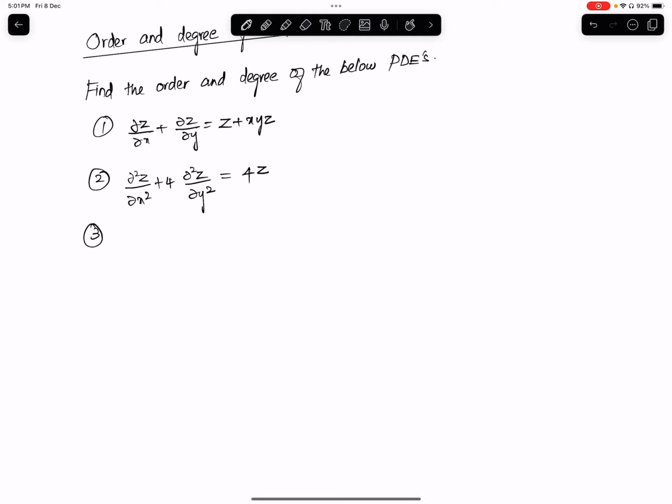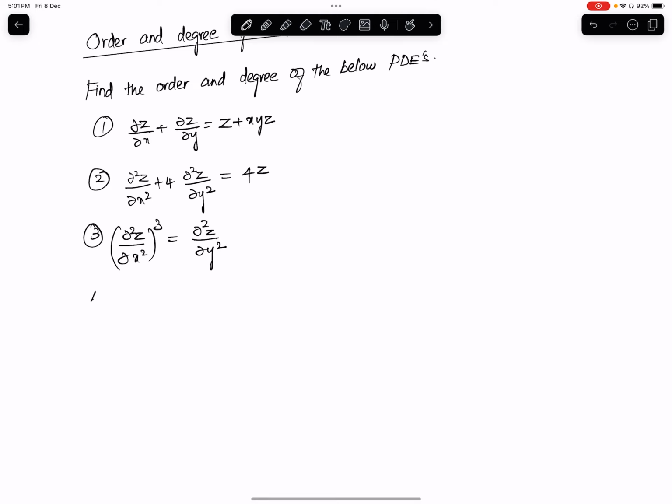The third, dou square z by dou x square, whole power 3, is equal to dou square z by dou y square.